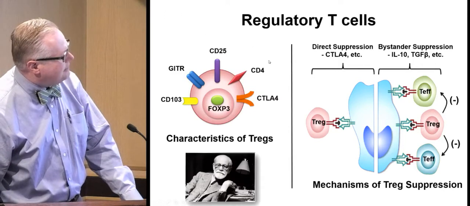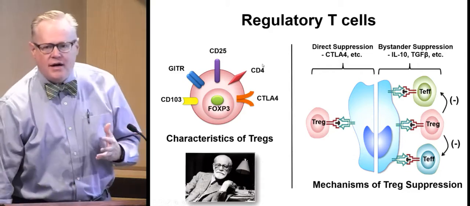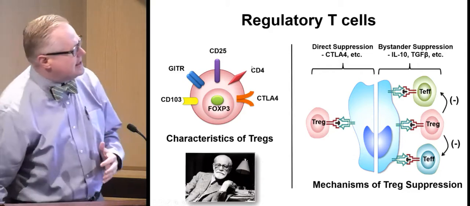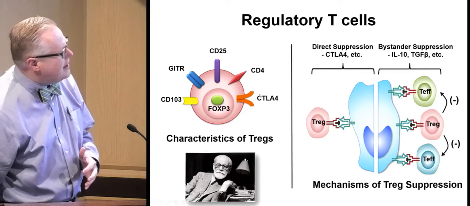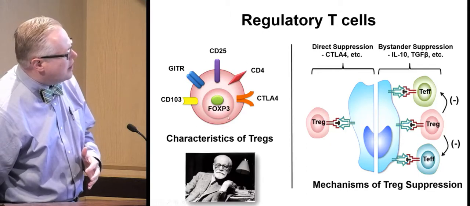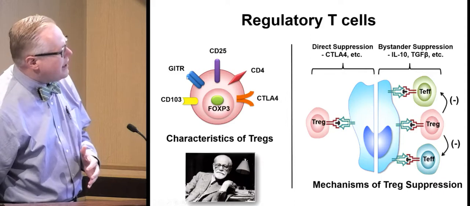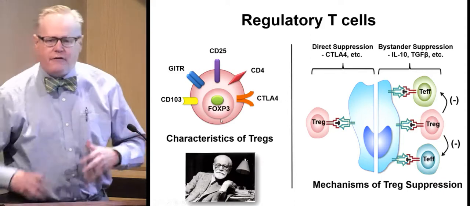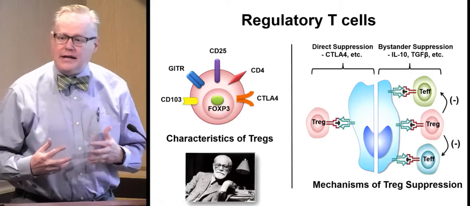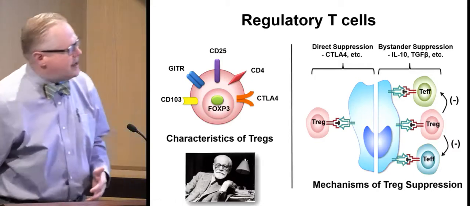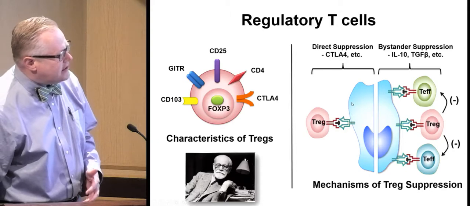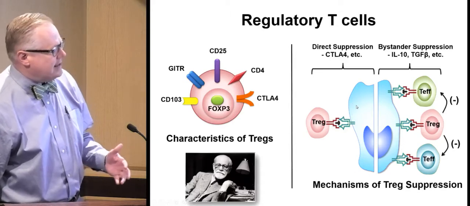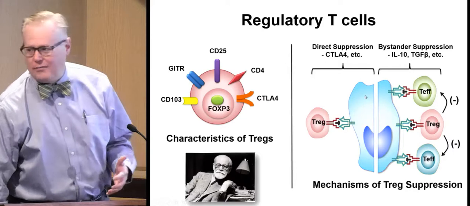That's their job. And we know now several things about regulatory T cells. These cells, of course, require this FOXP3 transcription factor. They have a number of molecules on their cell surface, and they're able to express a number of proteins that are involved in their ability to regulate other immune cells. Now, they can do this through a variety of mechanisms, and we probably don't know all of the mechanisms yet.